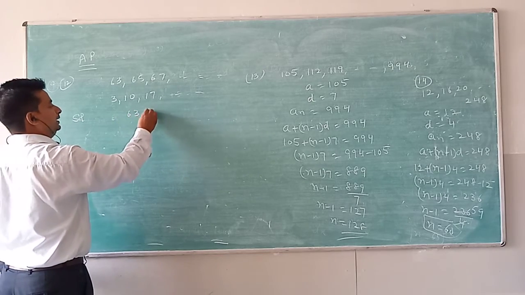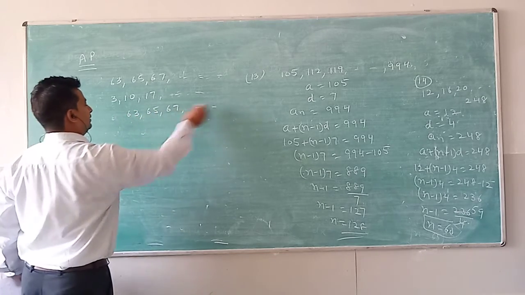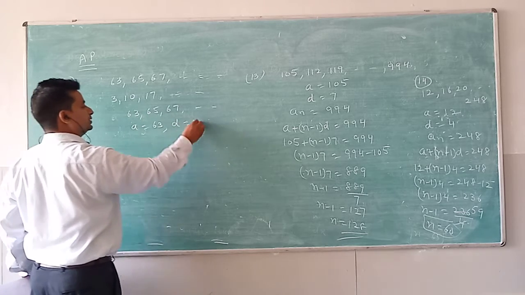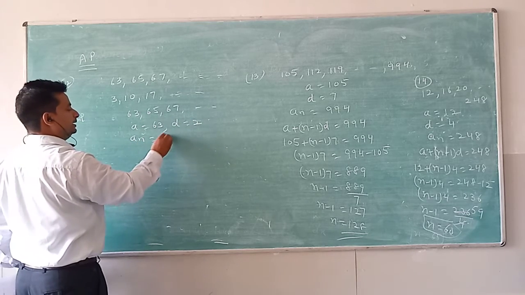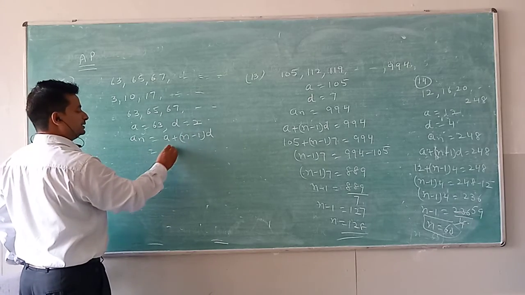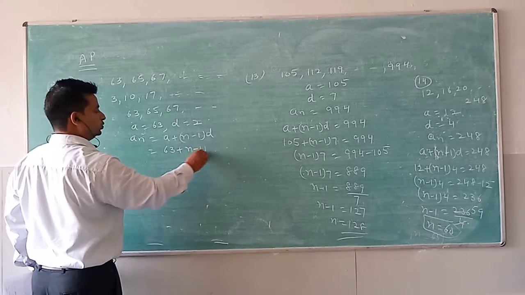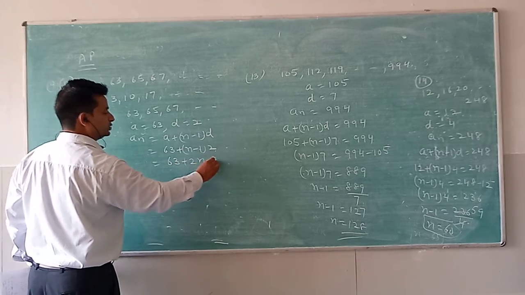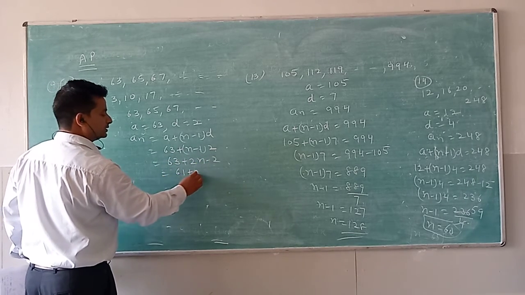In the first AP, we first find an. So a is 63, d is the common difference, which is equal to 2. an is a plus n minus 1 into d. So this is 63 plus 2n minus 2, which is 61 plus 2n.